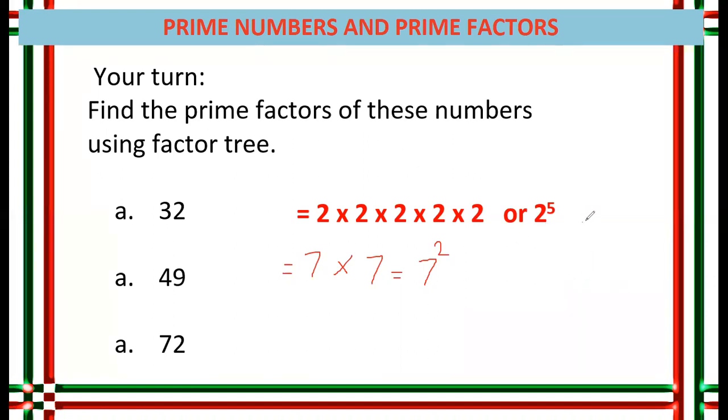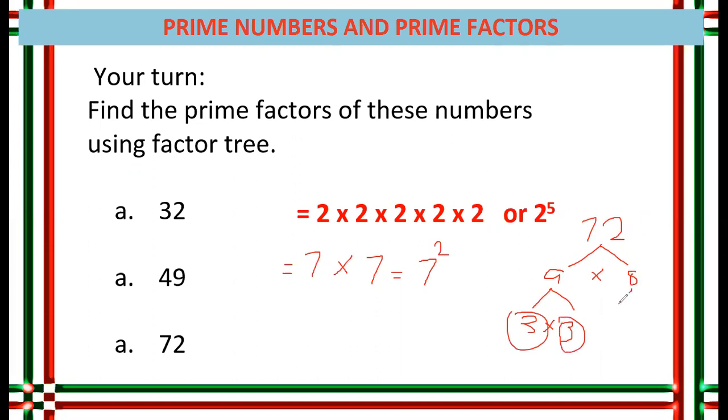Okay, 72. We have 9 times 8, correct? And 9 is 3 times 3, and 3 is a prime number, so that's stop already.